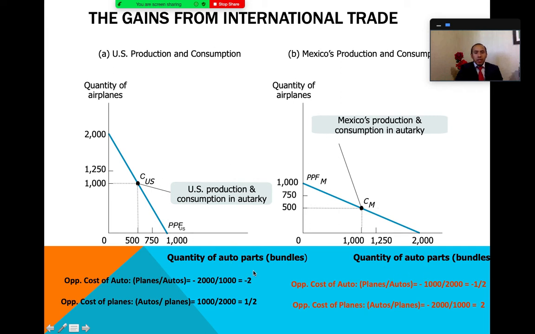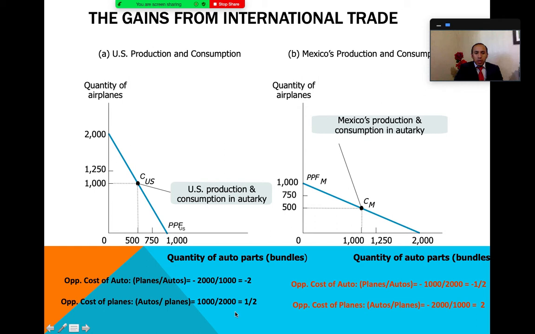Whichever country has the lowest opportunity cost in the production of either good should specialize in that good, and then trade with one another. If you want to think about it in terms of cost of production, whichever country can produce it at a lower, cheaper cost should produce the product, and then trade with one another.